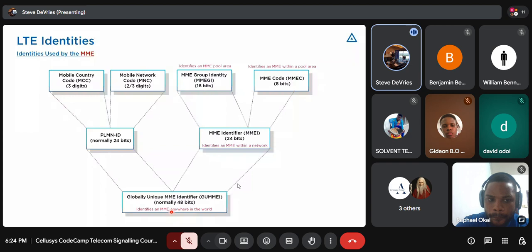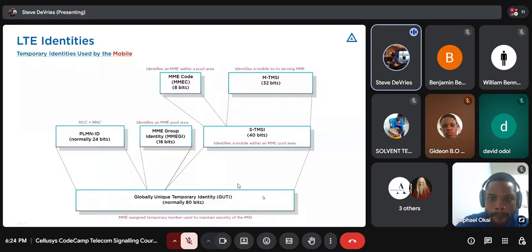And there's also identities for the mobile. When you power onto the system, the system gives you a temporary identity. In the second and third generation networks, once it knows who you are, you've given your IMSI, your international mobile subscriber identity. The system comes back and says, don't use your IMSI anymore, because I don't want you to say that over the air. I'm going to give you a temporary identity called the TMSI, temporary mobile subscriber identity.